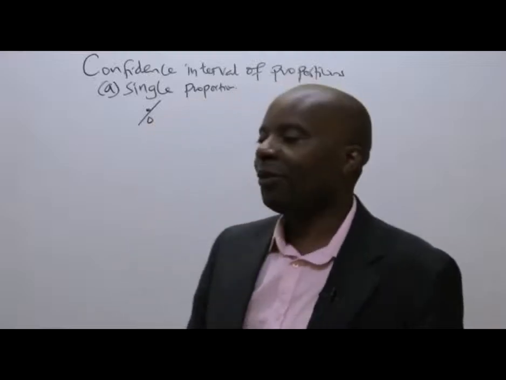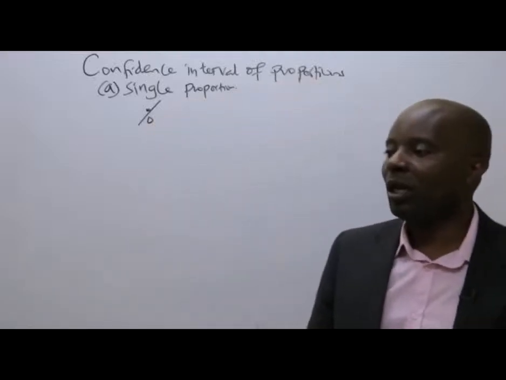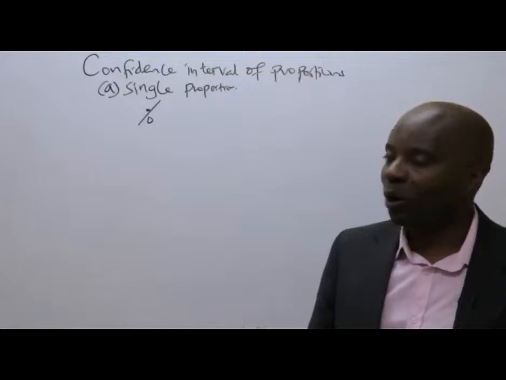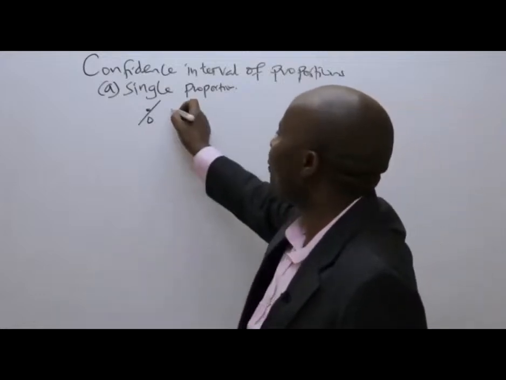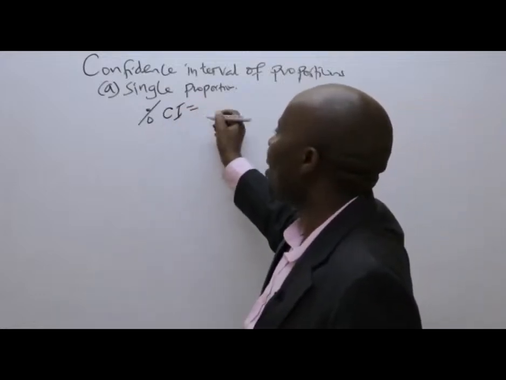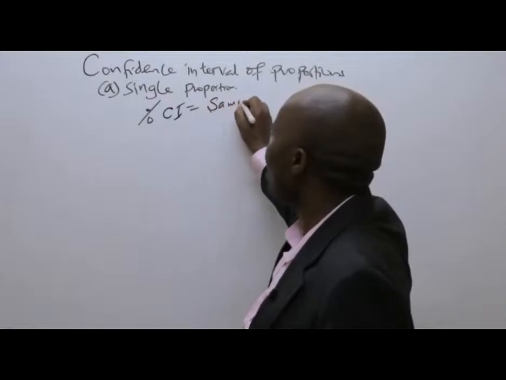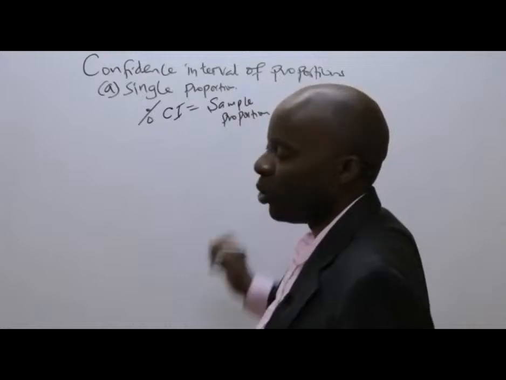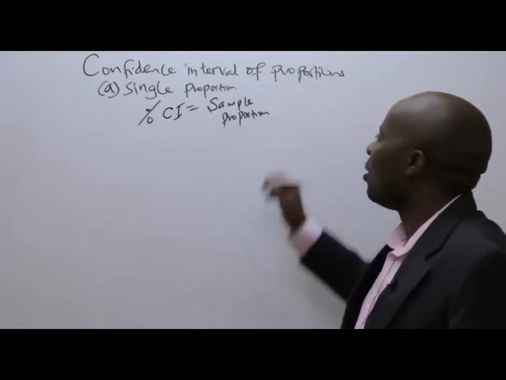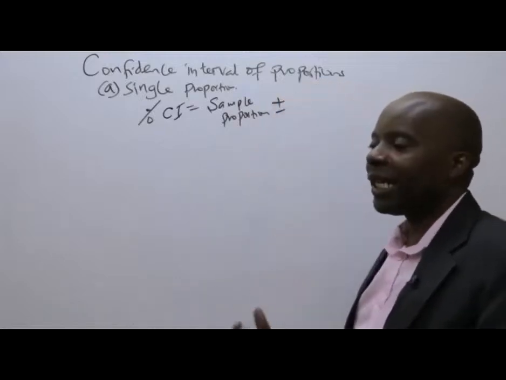So, ladies and gentlemen, to get the percentage confidence interval of a single proportion, this will be equal to the sample proportion plus or minus the test statistic.